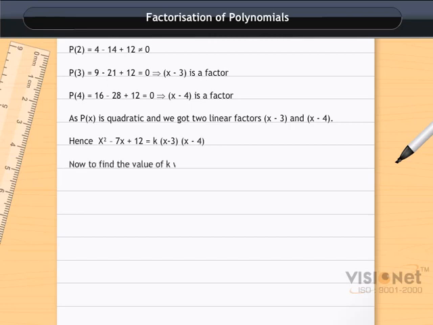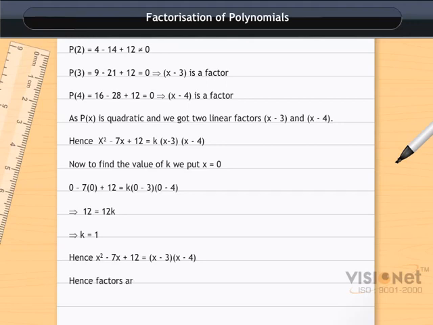Now to find the value of k, we put x is equal to 0. 0 minus 7 into 0 plus 12 is equal to k into 0 minus 3 into 0 minus 4. 12 is equal to 12k. It implies k is equal to 1. Hence x square minus 7x plus 12 is equal to x minus 3 into x minus 4. Hence factors are x minus 3 and x minus 4.